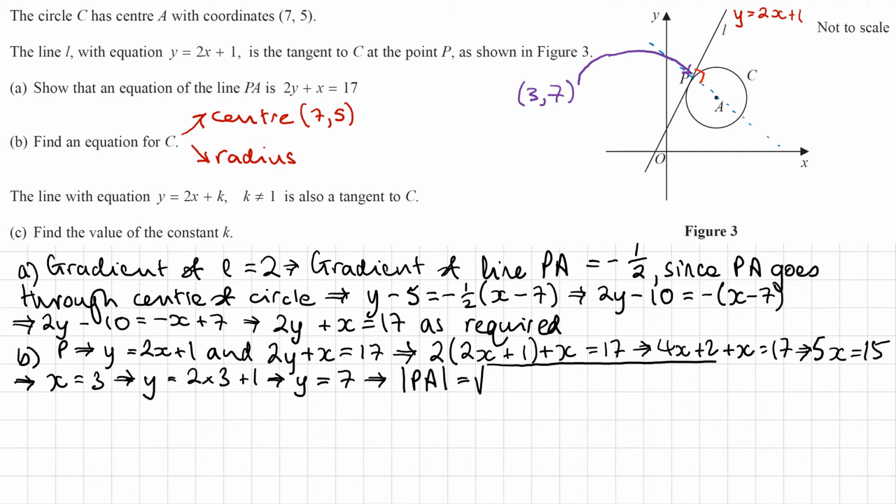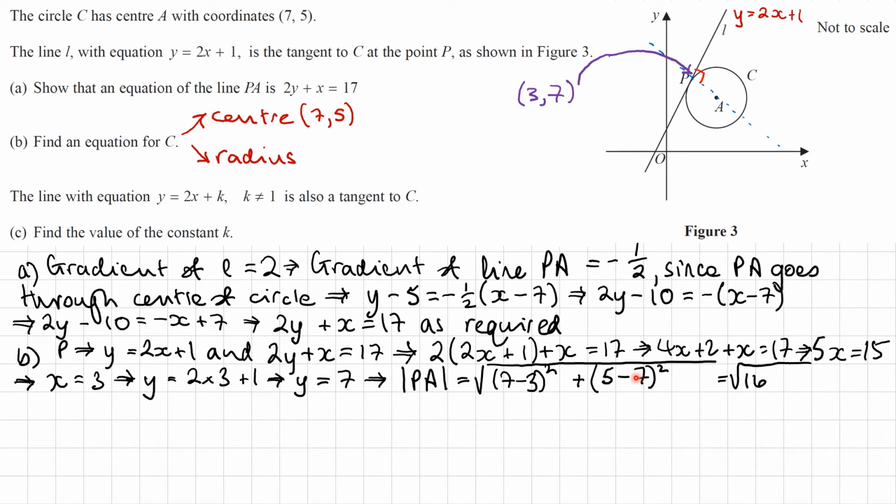So the difference between them is going to be 7 minus 3, which is going to be squared. So we're effectively doing 4 squared, plus the difference between the y coordinates. So we've got 5 at the center, and we have 7 at the edge. So that will be 5 minus 7 all squared. So that gives me the square root of 4 squared, which is 16.